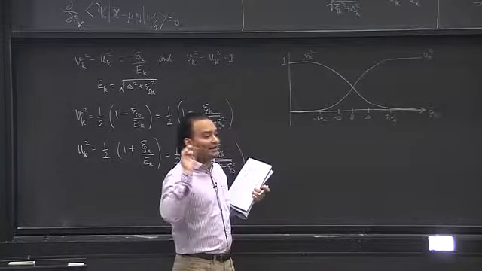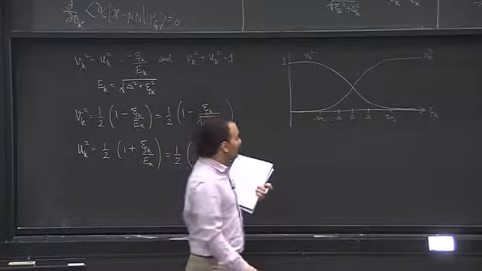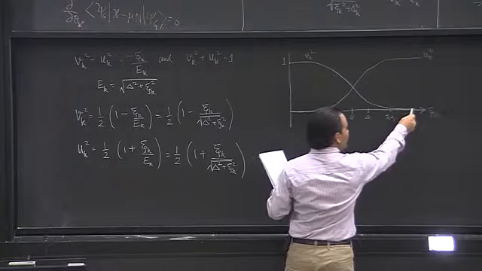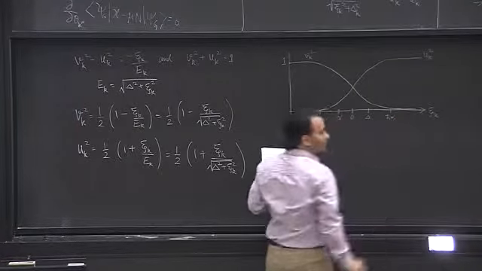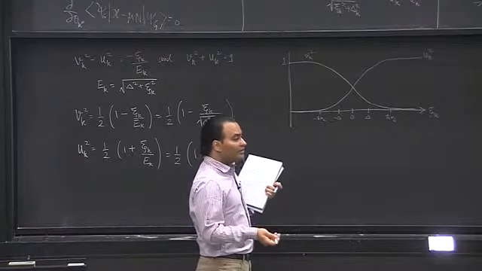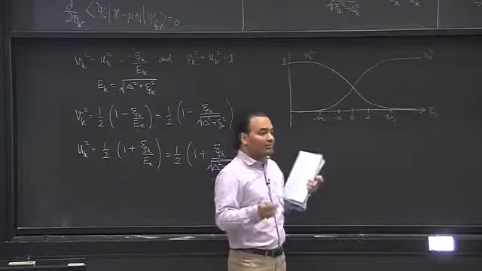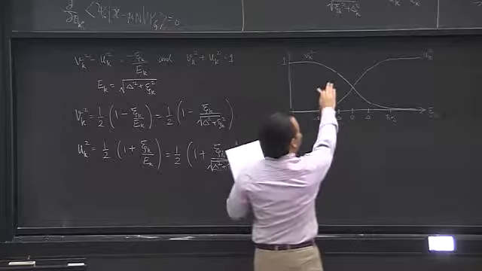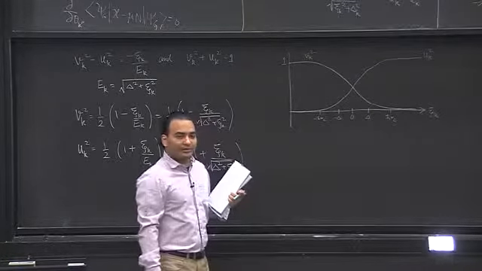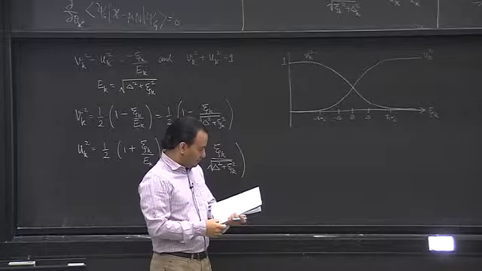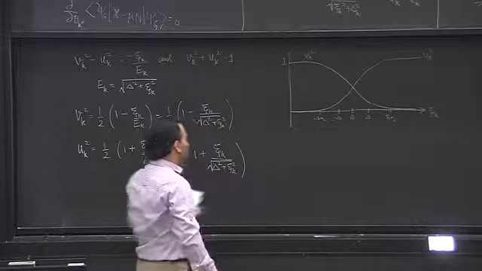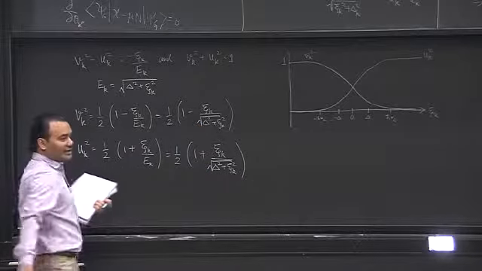Far above the Fermi energy, the probability that you have a Cooper pair occupied is 0. That's given by Vk square. And the probability for Uk square is given by the inverse of this Vk square. So what I've done is just plotted these two functions here.